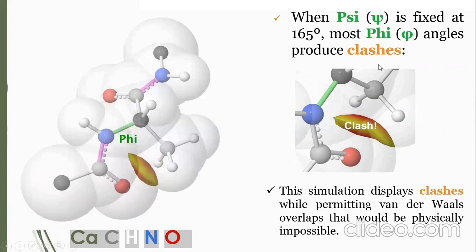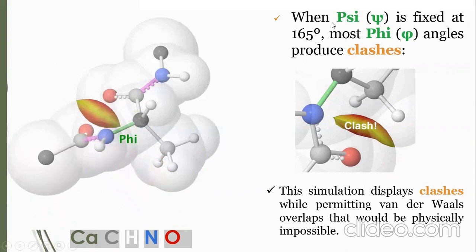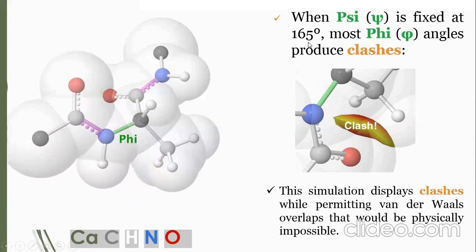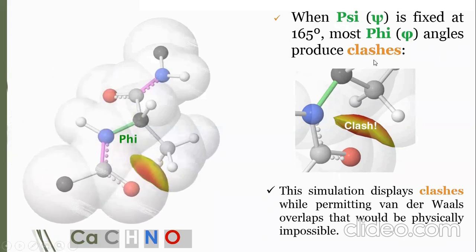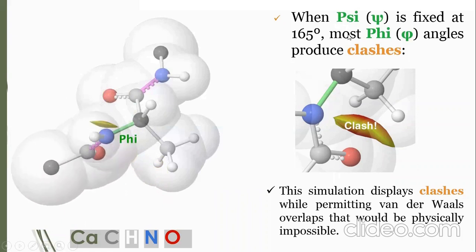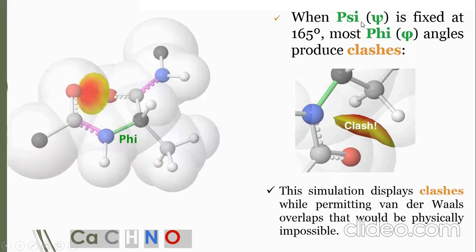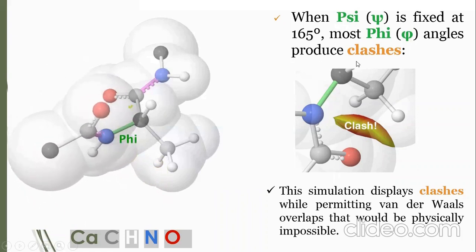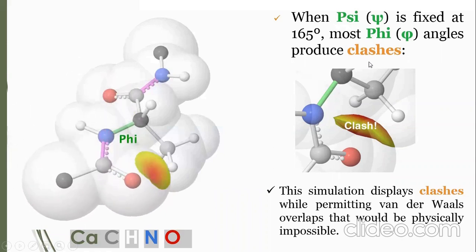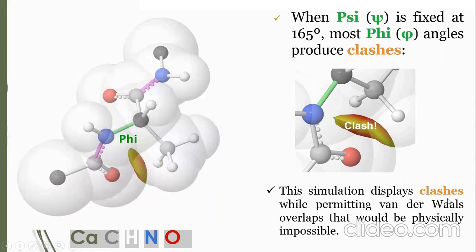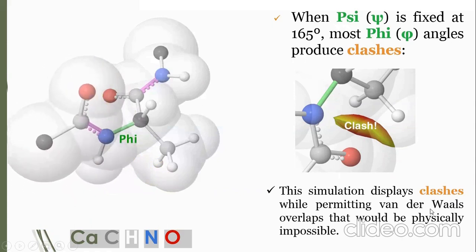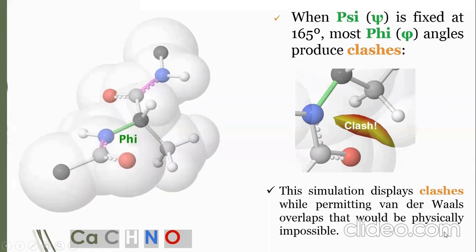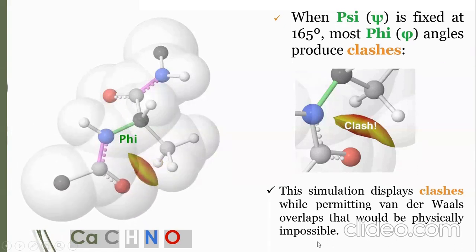If we fix psi at 165, most phi angles produce clashes. This simulation displays clashes while permitting van der Waals overlaps that would be physically impossible.